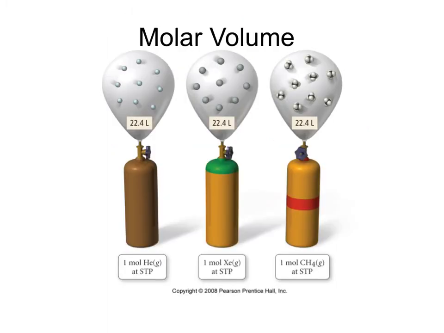All right. Then this is another figure associated with the volume and the moles of gas. This one's different though. This is molar volume, and we say that the volume associated with 1 mole of a gas at STP conditions is equal to 22.4 liters. Let me write this down.